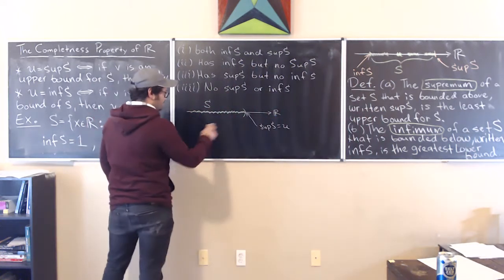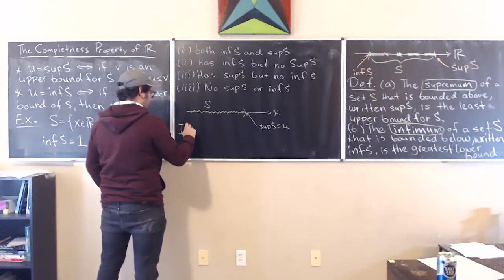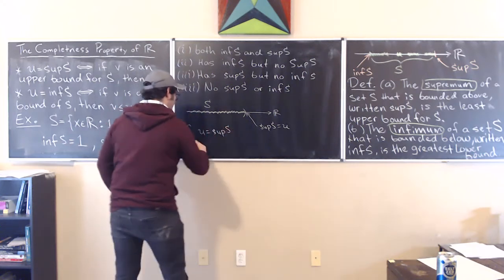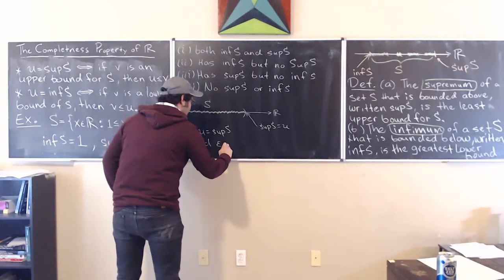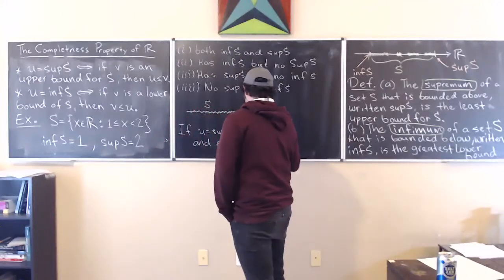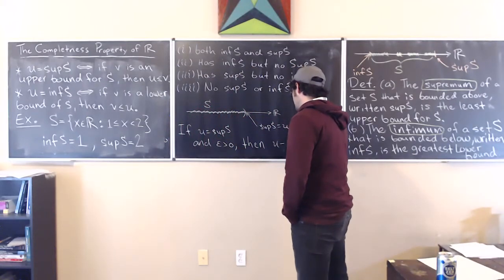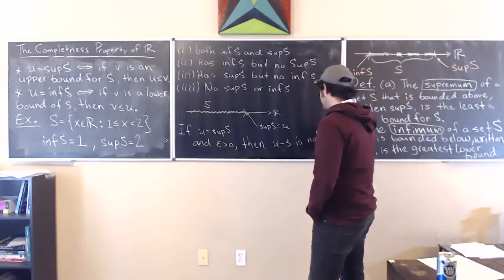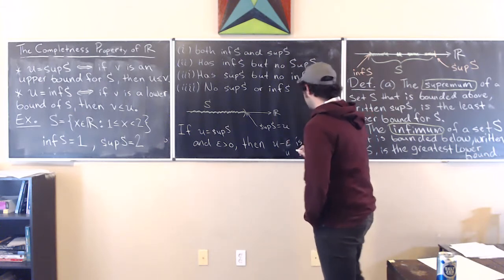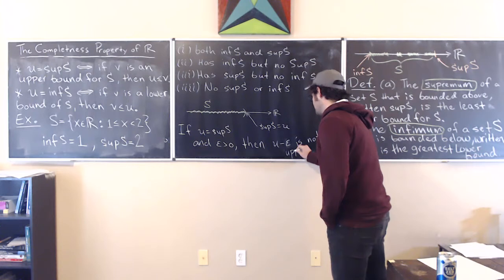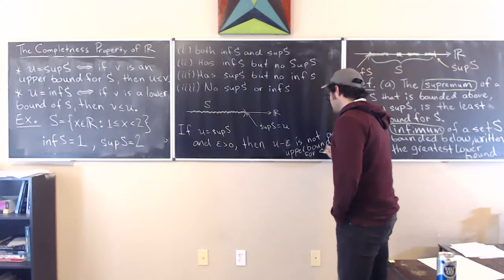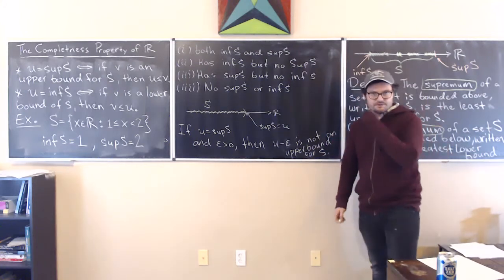So if this is the case, so if U is equal to sup S and epsilon is any positive real number, then U minus epsilon, I'm sorry, U minus epsilon is not an upper bound for S. Is that clear?